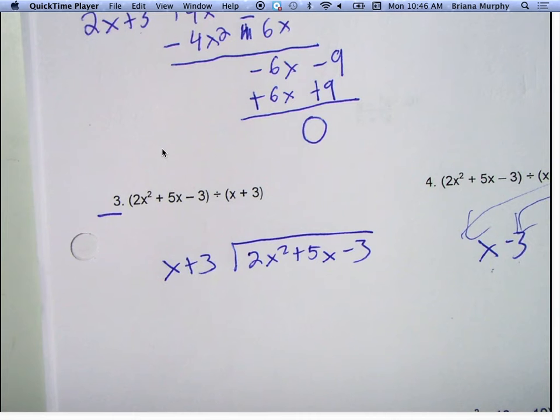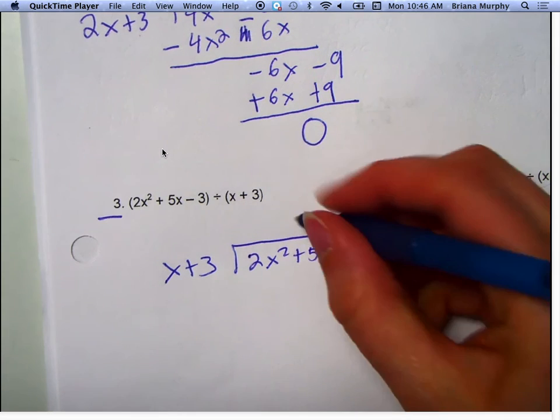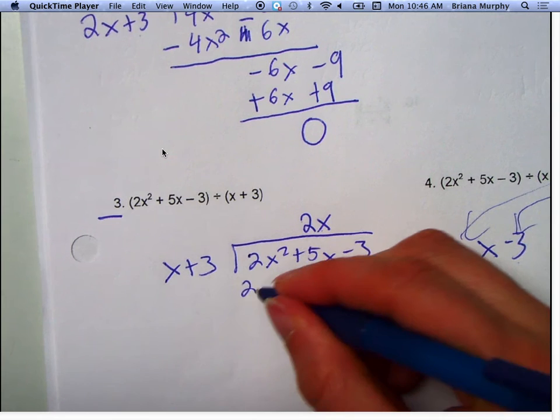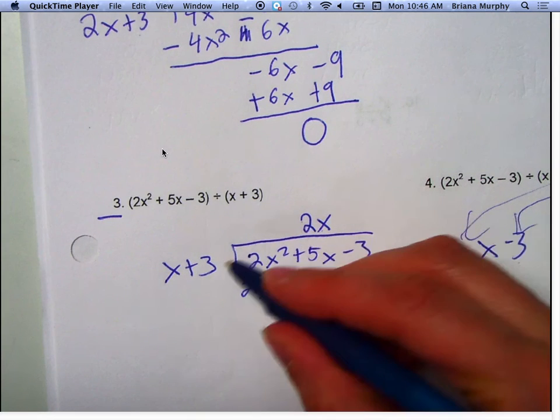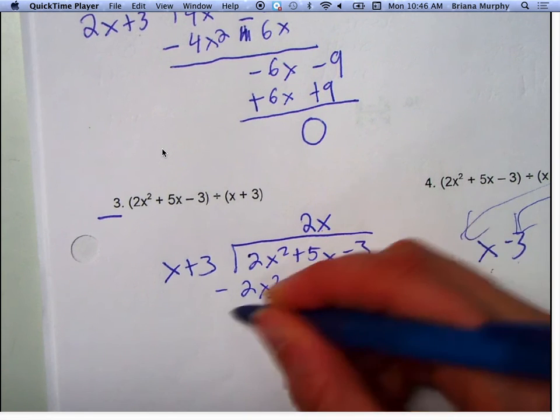All right, are we ready? x times what gives me 2x squared? 2x times x is 2x squared. 2x times 3 is 6x. We have to change it to subtraction.